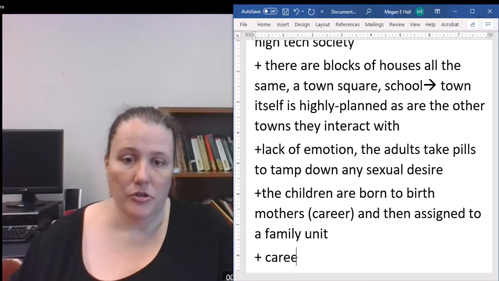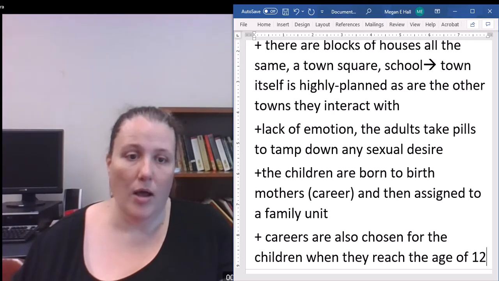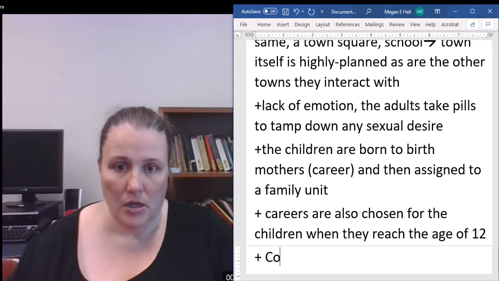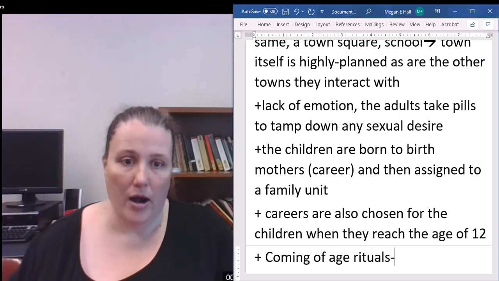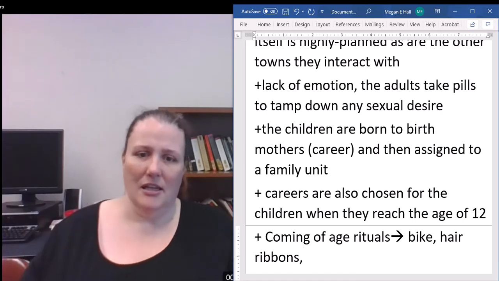The careers are also chosen for the children when they reach the age of 12. So it's a coming of age ceremony. There are other coming of age rituals at different points in a person's childhood, where at one age they get a bike, at another age the girls have their hair ribbons taken out. There's various things like that.